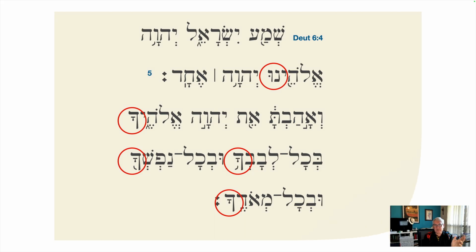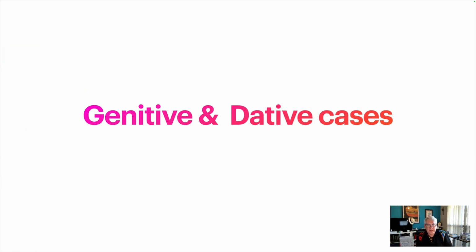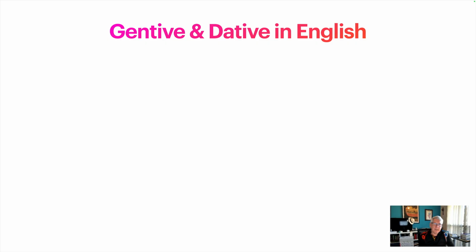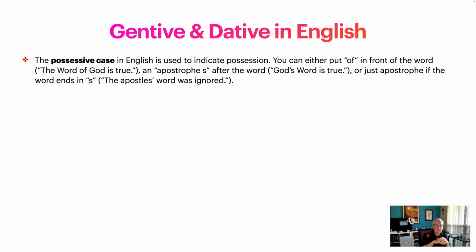Now let's switch across to biblical Greek, New Testament Greek, because similar things are happening with the genitive, which is the direct cousin, if you like, of the construct case, and also the dative case. So let's think about how these things function in English. In English, we use the possessive case, which is what we call genitive in Greek, construct in Hebrew.